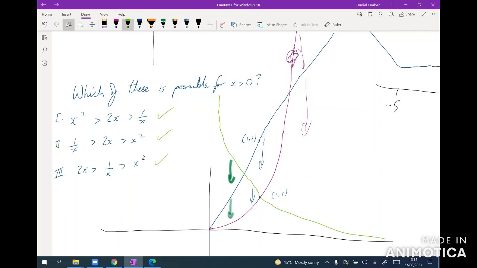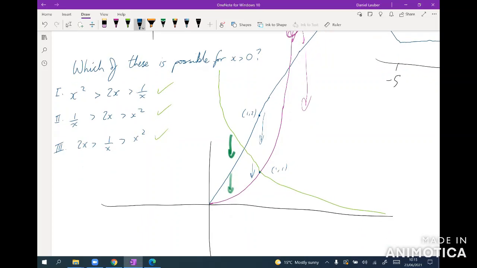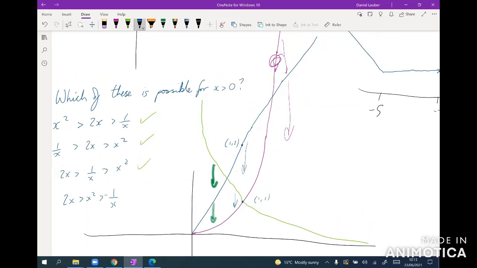Whereas if I'd written down as an example, I believe 2x, if we'd had an option 4, 2x greater than x squared, greater than 1 over x, well, then we need 2x at the top, so we're in this region, greater than x squared, so we need to cross, oh no, we're still okay, because we can go to there.